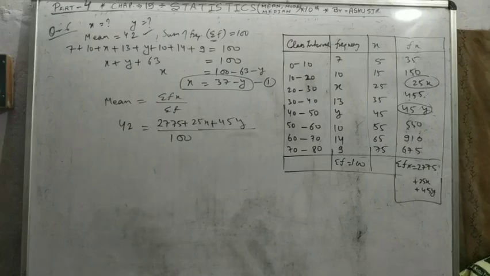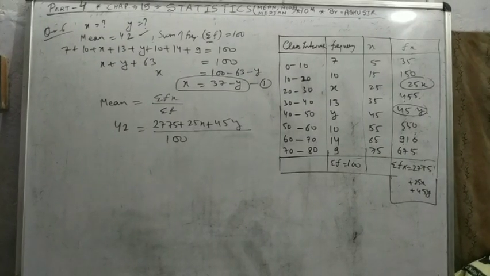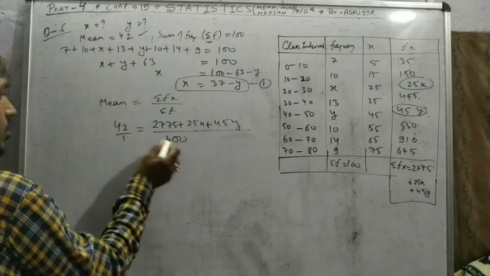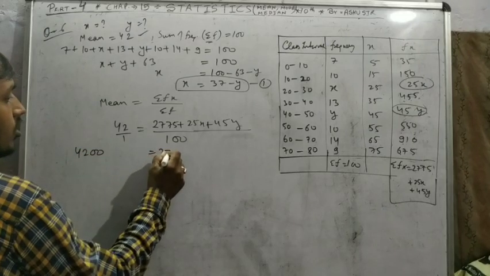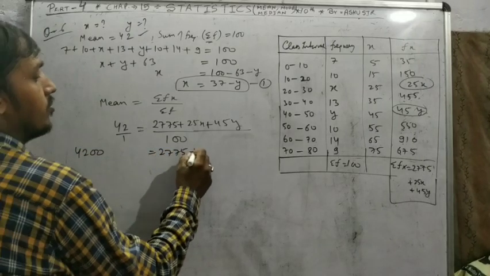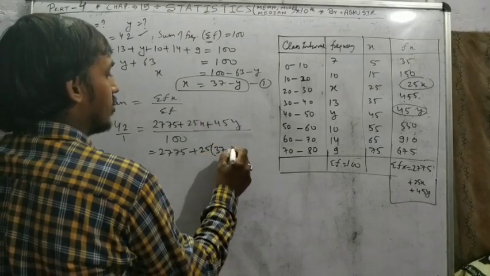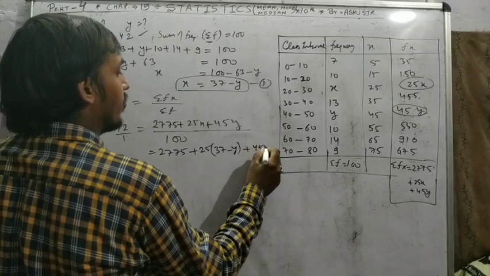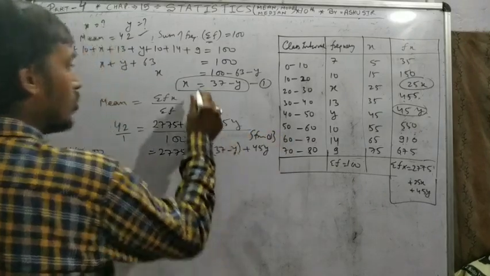Any doubts in this step? Solve it. Cross multiply: 4200 equals 2775 plus 25 times (37 minus y) plus 45y. From the first equation we can replace the value of x.